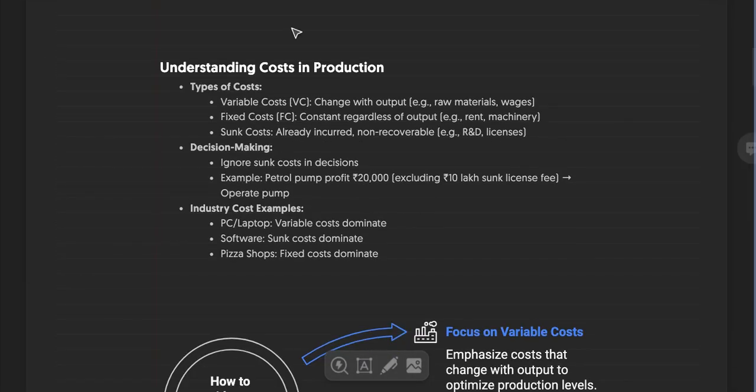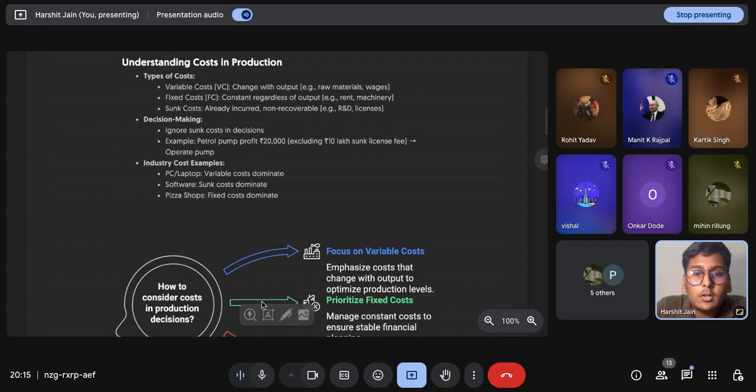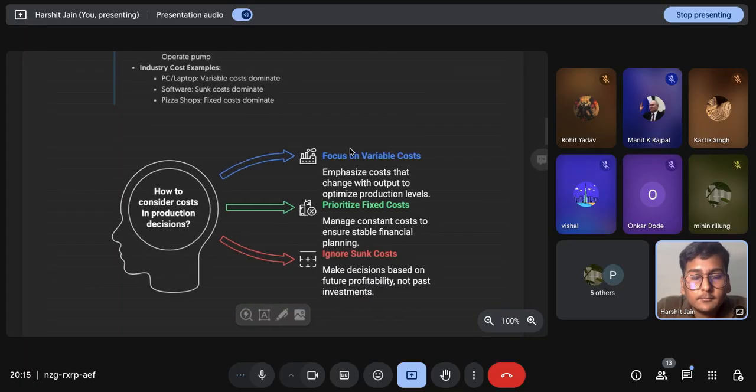Now let's understand cost types more deeply. There are three types of cost: variable cost, fixed cost, and sunk cost. Variable costs change with output, like raw material or wages.